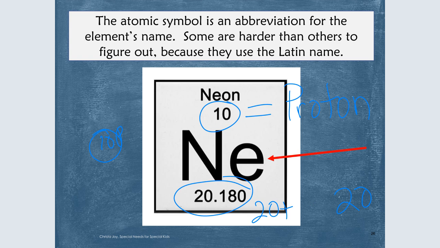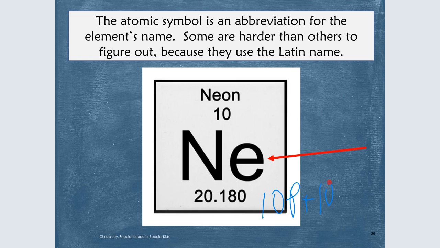Let's do that over again. This is 10 protons plus 10 neutrons equal 20. Right, so in the nucleus, there are 10 protons and 10 neutrons. And the neutrons hold the protons together. So the 10 protons there, and the 20 represents the total.